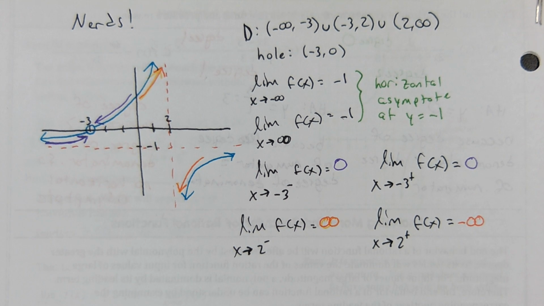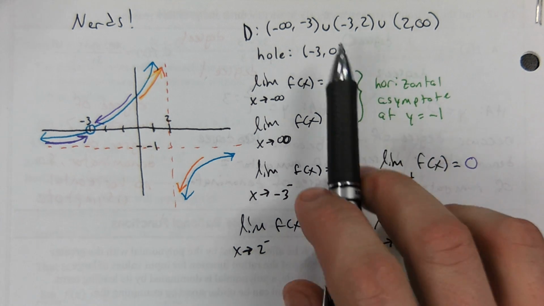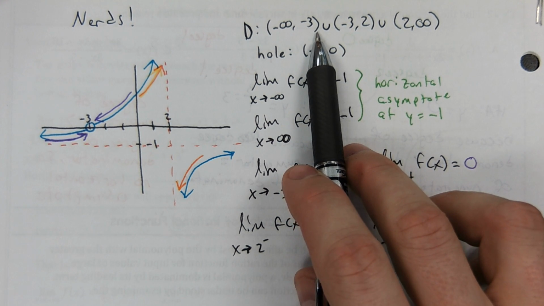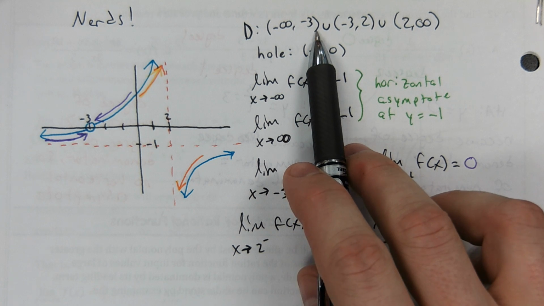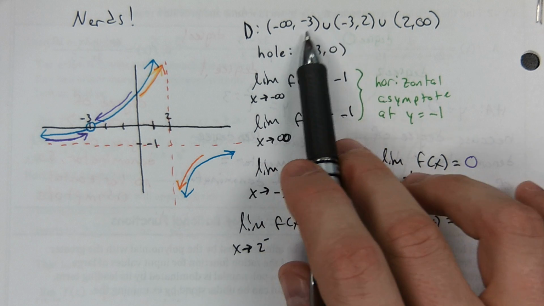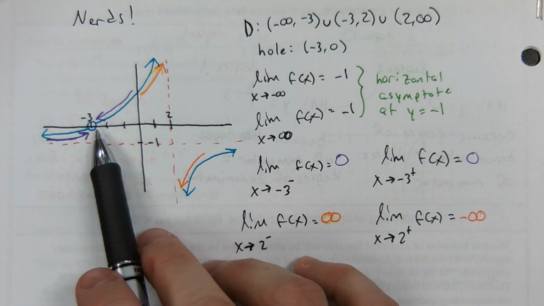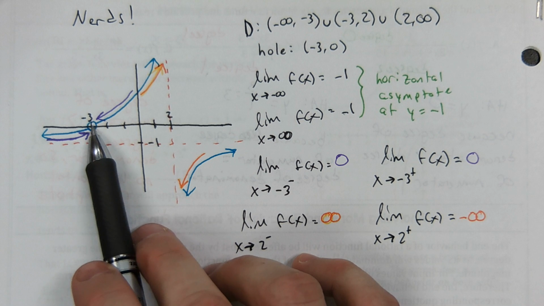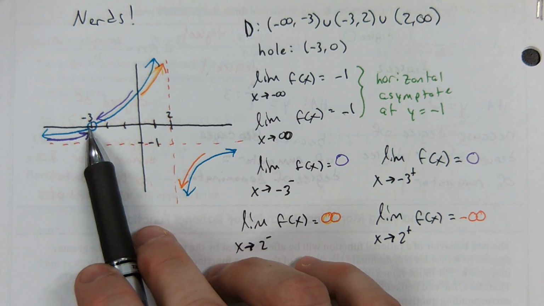Was the -3 only included because it's on the x-axis? Like in the domain? It's not included. -3 is not included in the domain. That's why I don't have brackets on it. Or like, is it used in the domain because its y value is 0? You want to know why is it even mentioned here? It's mentioned here because it doesn't exist there. So it didn't matter what this y value was. The point was the graph doesn't exist at this x value.